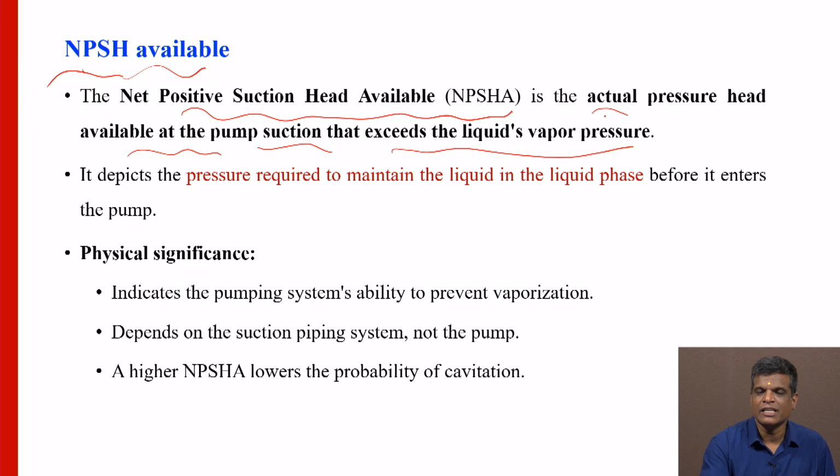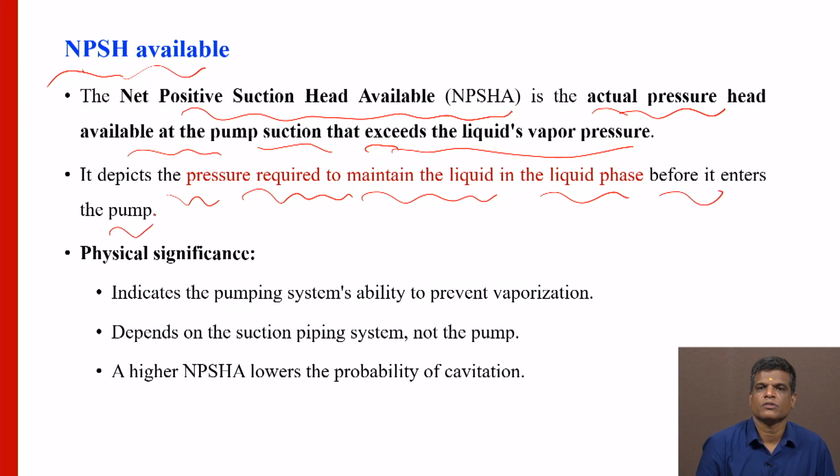It is exactly how much actual pressure is available at the pump where the suction takes place that exceeds the vapor pressure. It gives the pressure required to maintain the liquid in the liquid phase before it enters the pump.